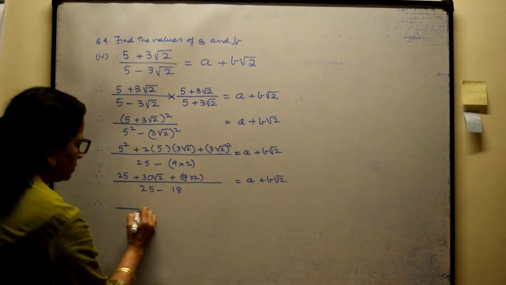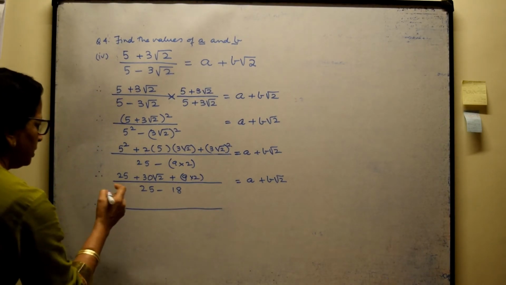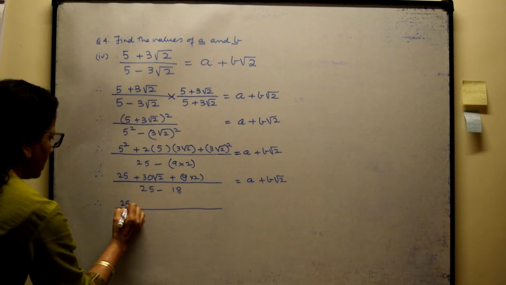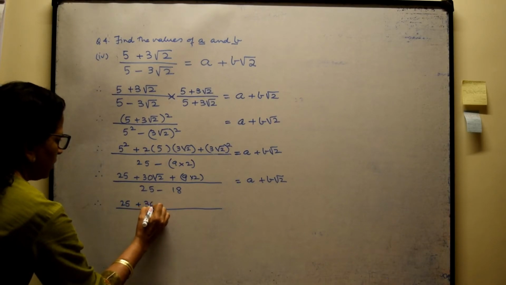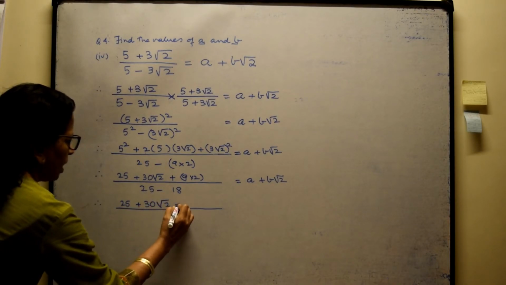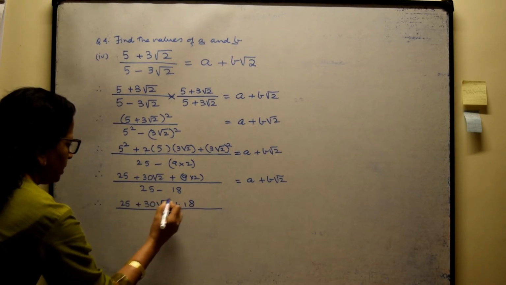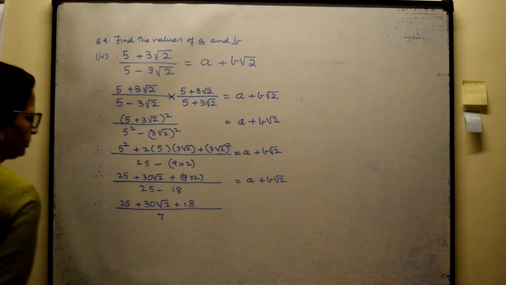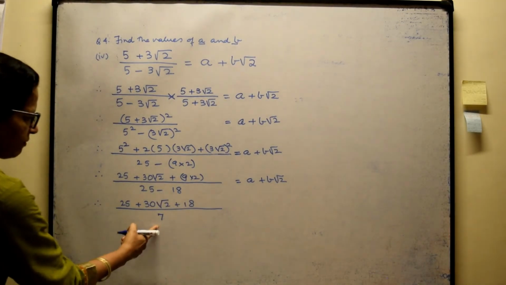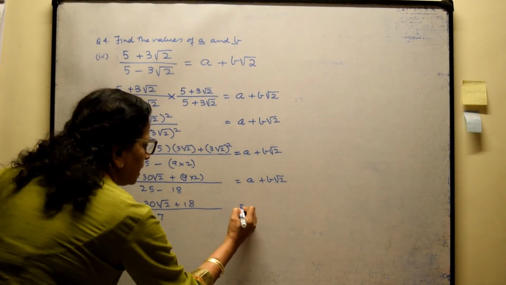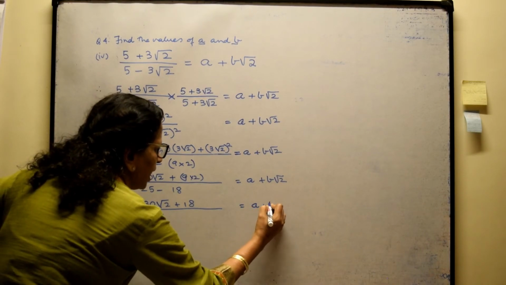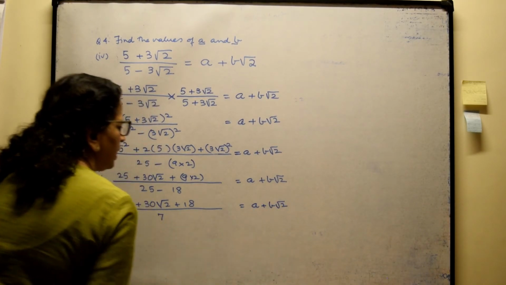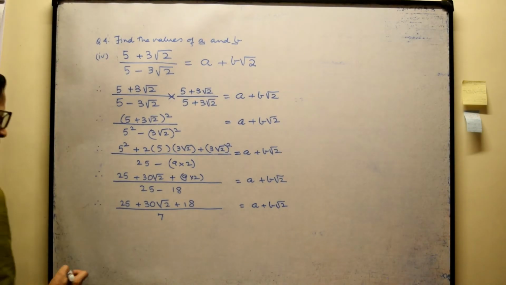Now in the left hand side, we have 25 as it is plus 30 root 2 plus 18, and denominator gives us 25 minus 18, which is 18 plus 7 gives you 25. So that gives on the right hand side as it is a plus b root 2.